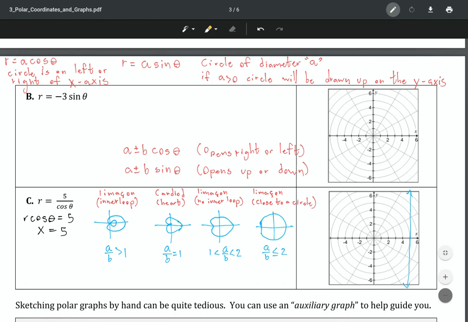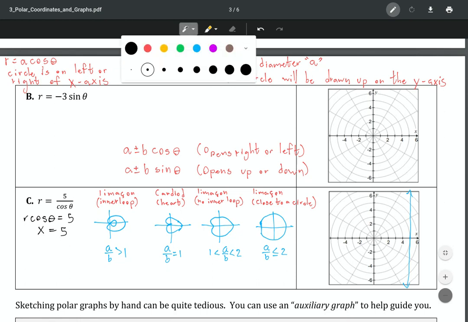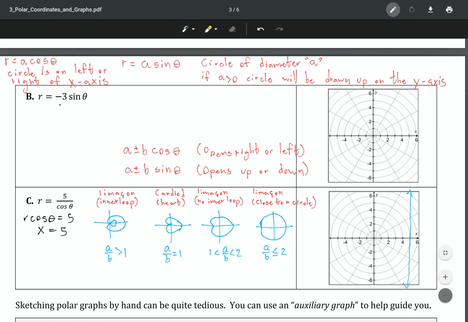Now, when it comes to something like this, where you just have a number times sine or cosine of theta, I didn't say 2 theta or 3 theta, what that does is make this a circle. That circle is going to be on the y-axis, up or down.